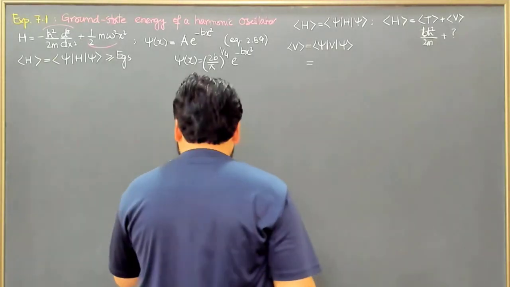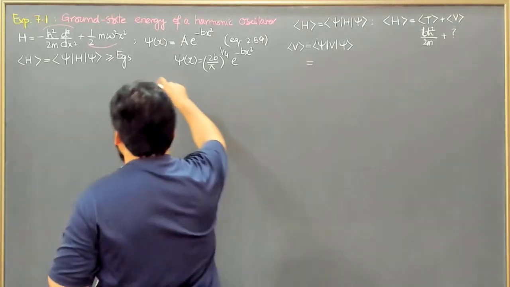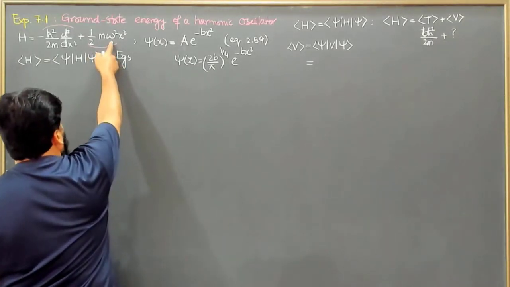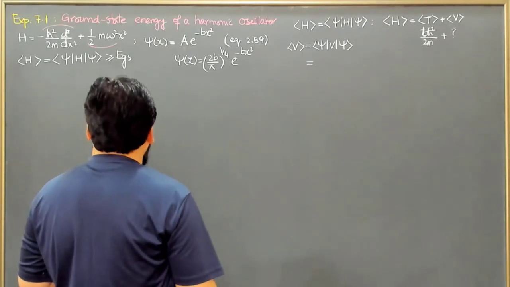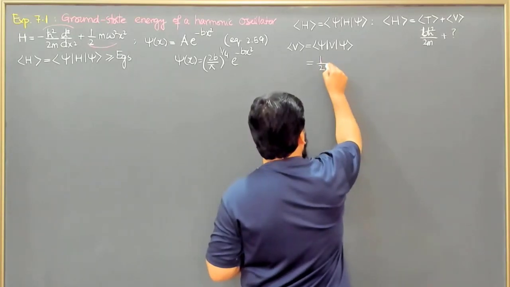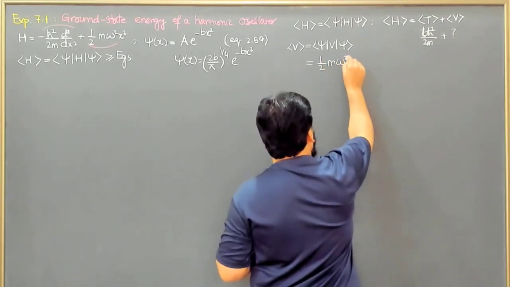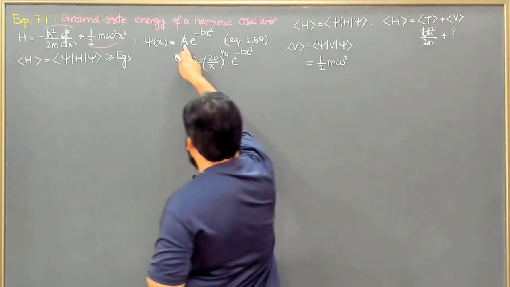So it will come out to be half m ω² will come out, because this is not a derivative operator now.